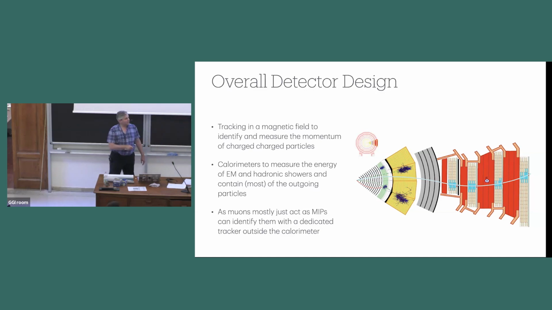These pictures are always a little bit confusing because, as you see, the hadrons nicely are not supposed to do anything until they get to the hadronic calorimeter, right? Of course, that's not true. They interact with everything as they go through. A better way to think of it is that we call it that because that's where it stops. So if you stop in the hadronic calorimeter, you're generally a hadron.